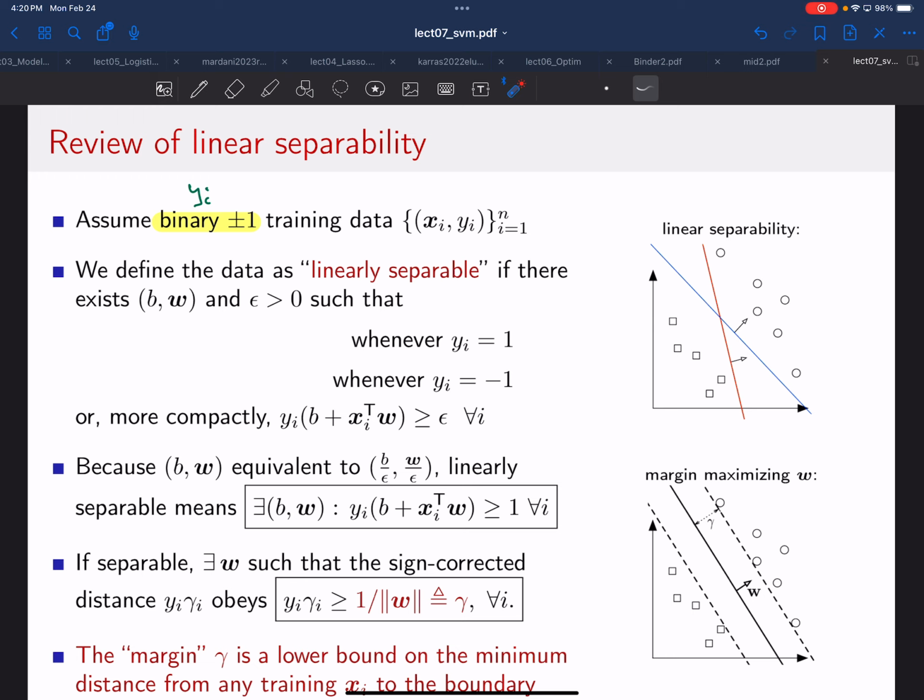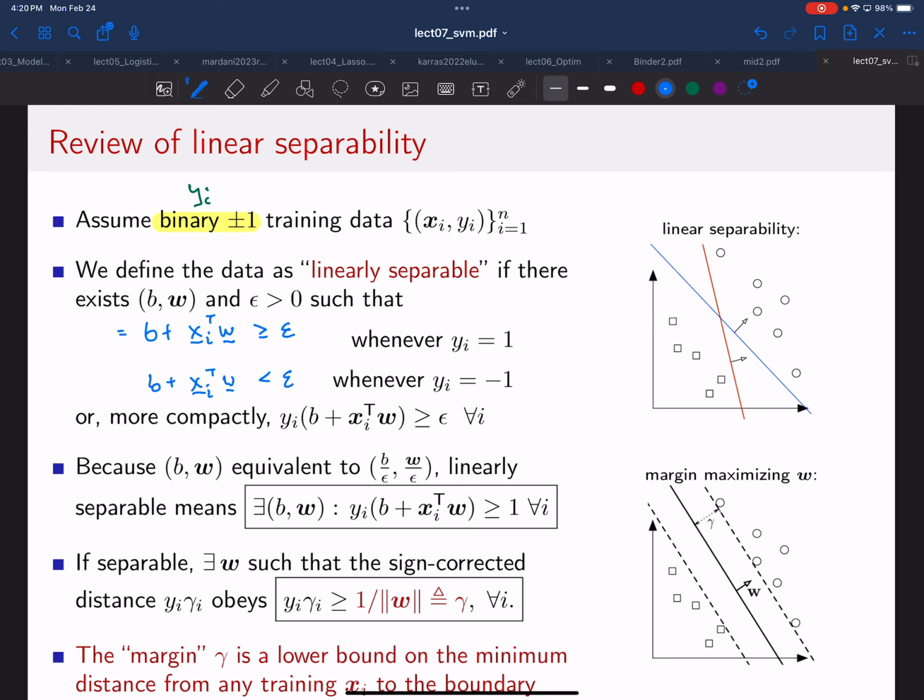It goes like this. There exists some b and w and some positive number epsilon such that b plus xi transpose w is greater or equal to epsilon whenever yi is 1, and b plus xi transpose w is less than epsilon.